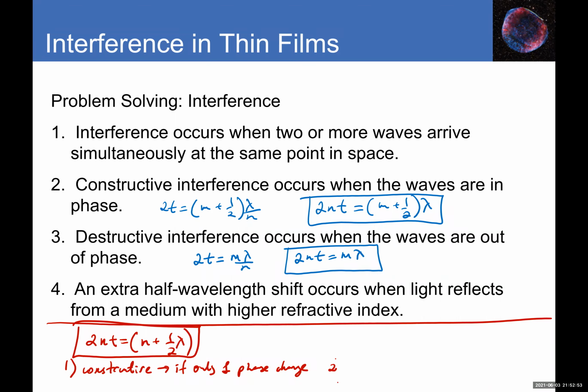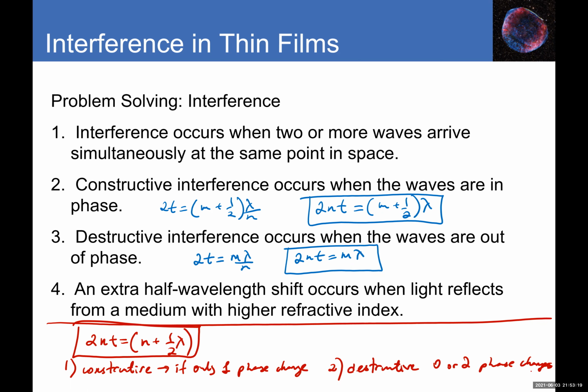But it can also be used for destructive interference if 0 or 2 phase changes, that means none of them undergo phase change or both of them undergo phase change. Then that equation is used for the destructive interference.